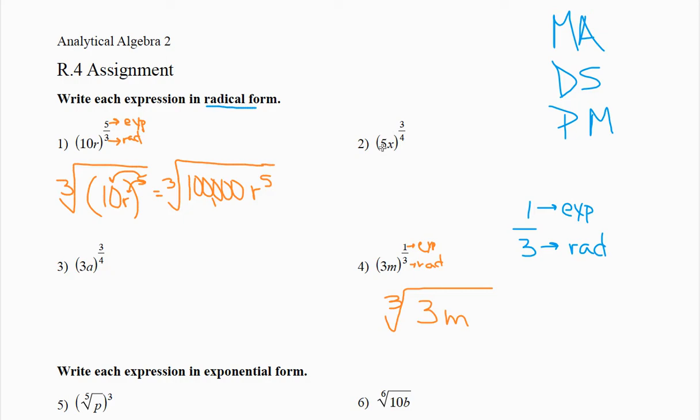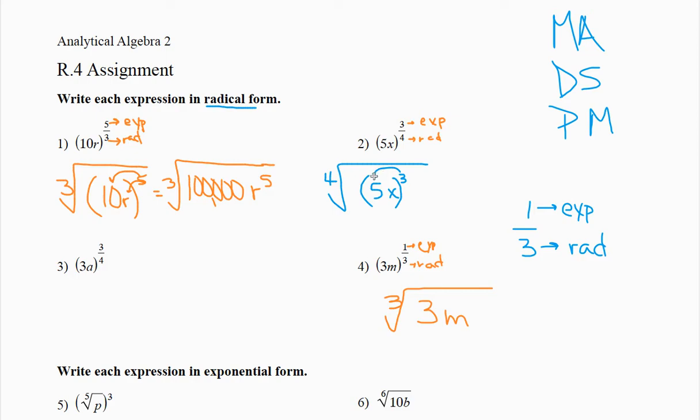Okay, let's try this again. Remember, the top number becomes our exponent. The bottom number becomes our radical. So we have the 4th root of 5x to the 3rd.